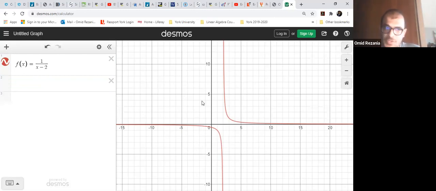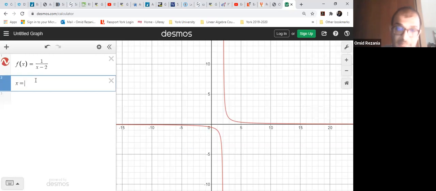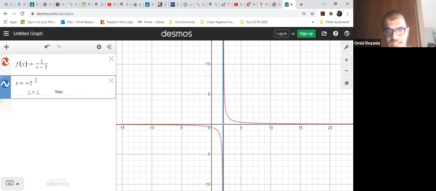However, at one point, which does not belong to the domain of this function, which is plus 2, we have a singular behavior of the function. You can see that behavior with a different plot, x equals 2, which is the blue one.